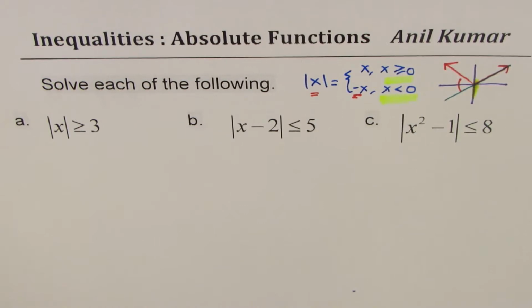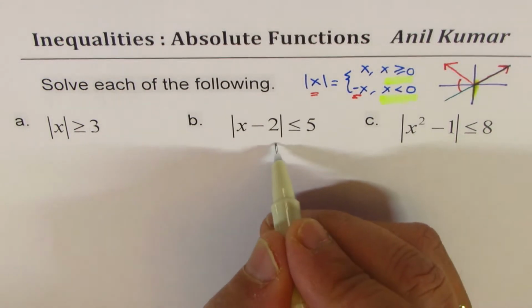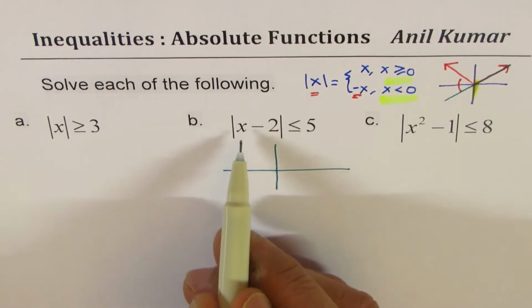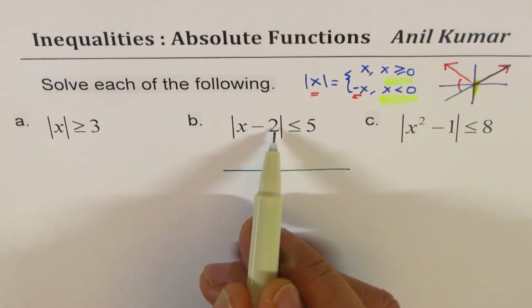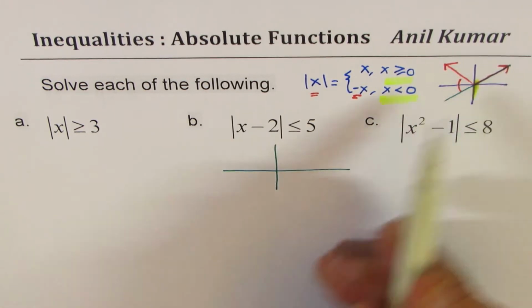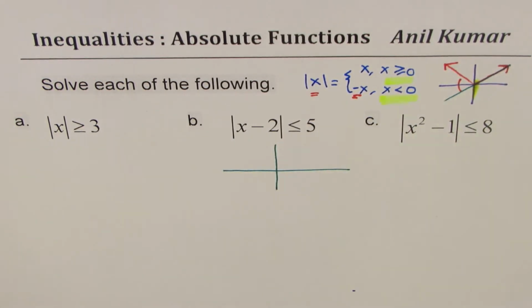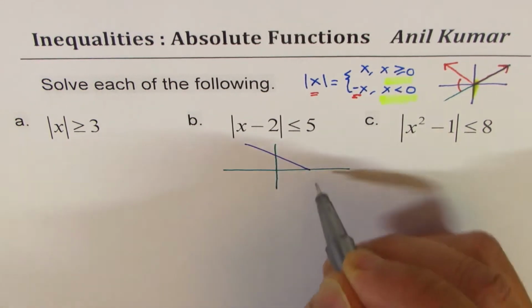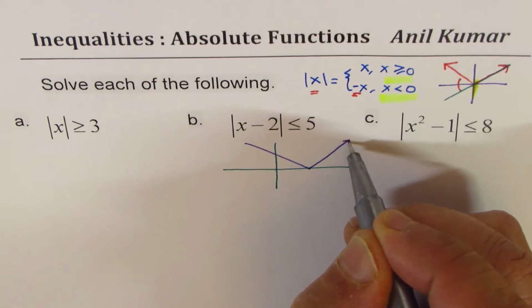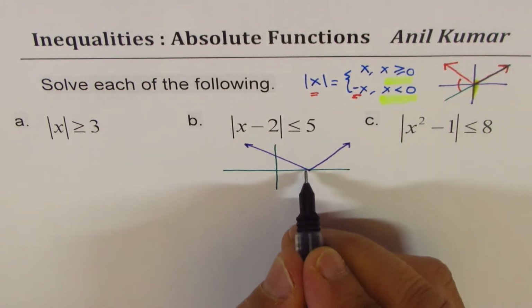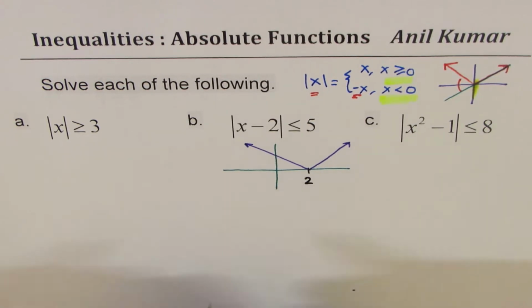Let me show you a different strategy for the second one here, which is translated. So when we say absolute x minus 2, that means we have moved this function 2 units to the right, correct? So 2 units right means, let me again make this function here, something like this, where the vertex has come to the position 2.